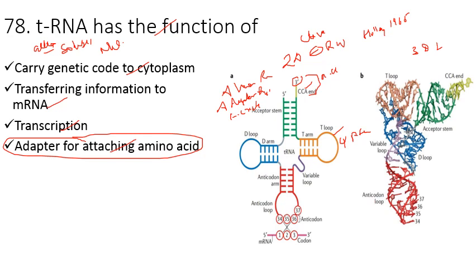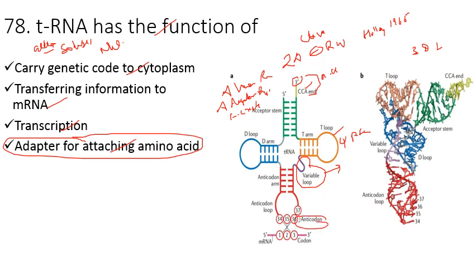Then between the anticodon loop and the T loop, tRNA contains a variable loop and variable arm, which varies in size and is located between the anticodon and T psi C loop. Then we have the anticodon loop.